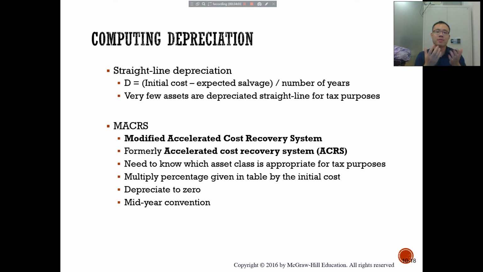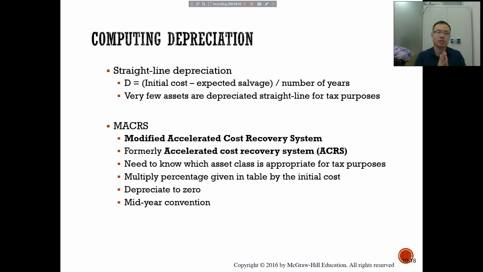So you assume that the capital investment is depreciated straight line, evenly spread across the project duration years.